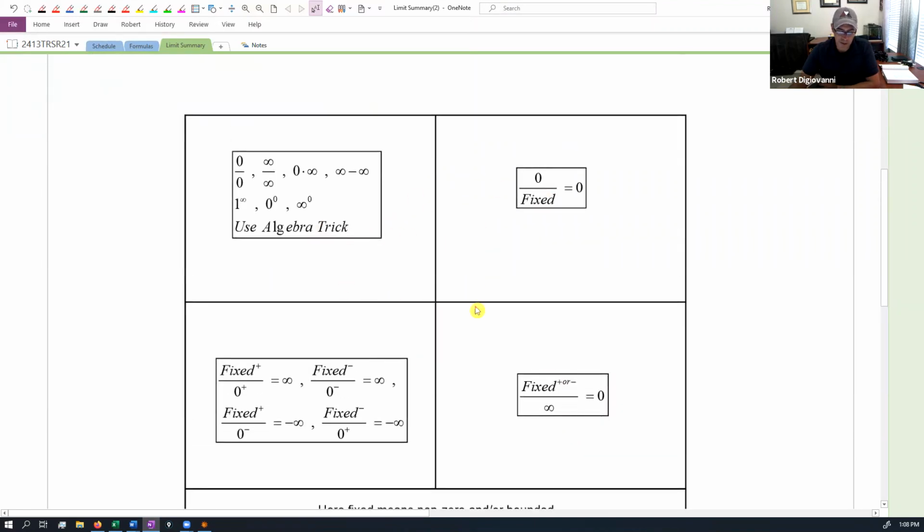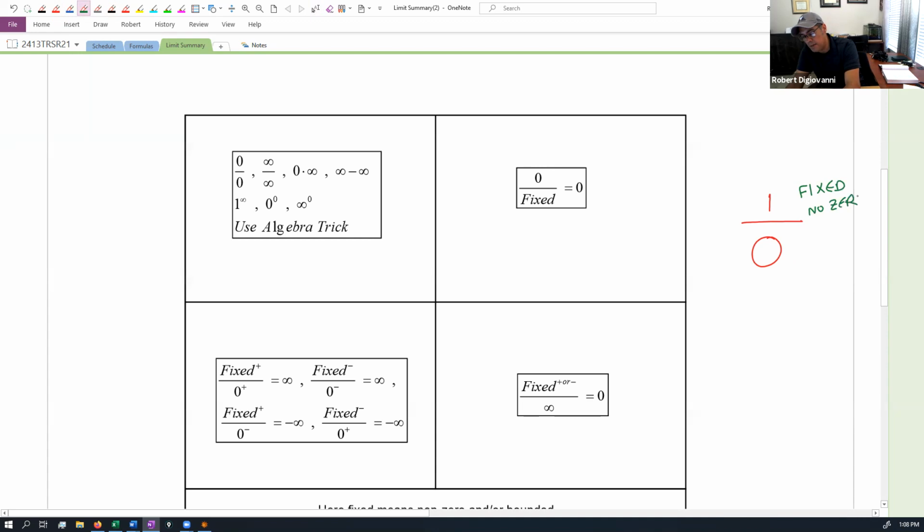This is the summary of what happens when we see certain types of limits. And in the problem that we have right now, what we are seeing is 1 over 0, right? So what we want to see here is that the numerator is a fixed non-zero number.